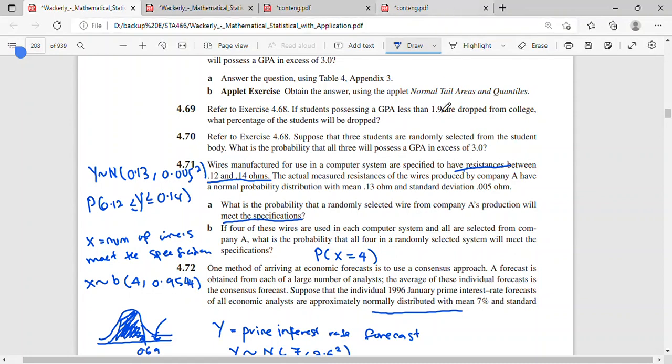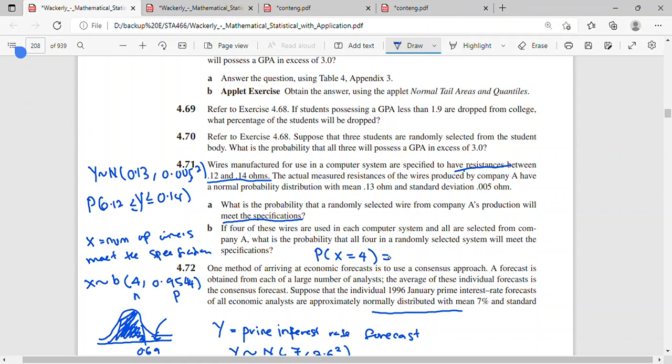Okay, so nak cari probability of X equal to 4, kena gunakan binomial. Sama ada nak guna table pun boleh, nak kira manually pun boleh. Biasa kat sini n-nya 4 dan nilai p-nya adalah 0.9544.